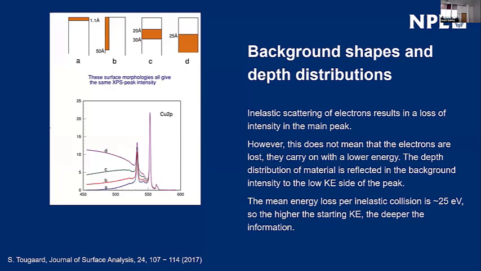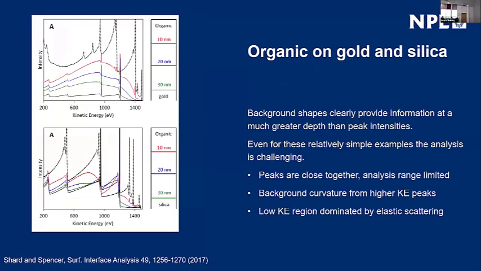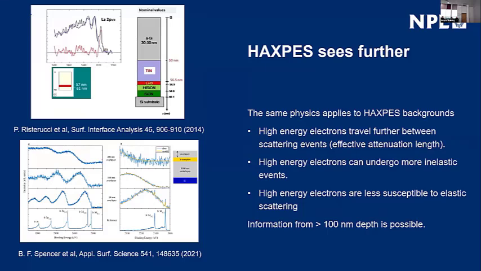In D, all the copper is underneath the surface. And here you're seeing electrons that have traveled through material and lost energy on the way out. It's quite complicated to apply that analysis to most materials because all the peaks are overlapping, the backgrounds are overlapping, and you need to have quite a thorough analysis.